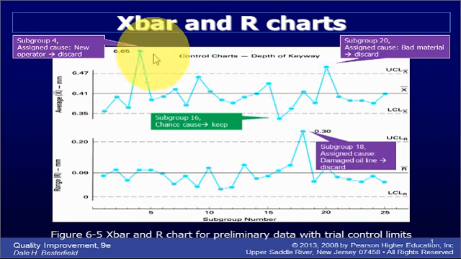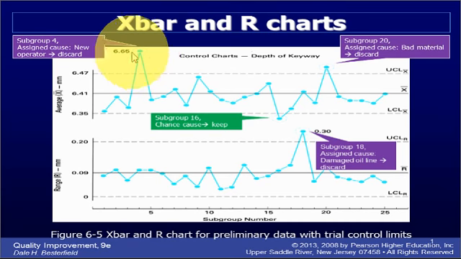Now let's first examine this X bar chart. We have three outliers, right? The first one is for subgroup 4, and in our example, we can see that there is an assignable cause, the new operator. So the average of this subgroup is higher than the upper control limit because it is produced by some new operator.